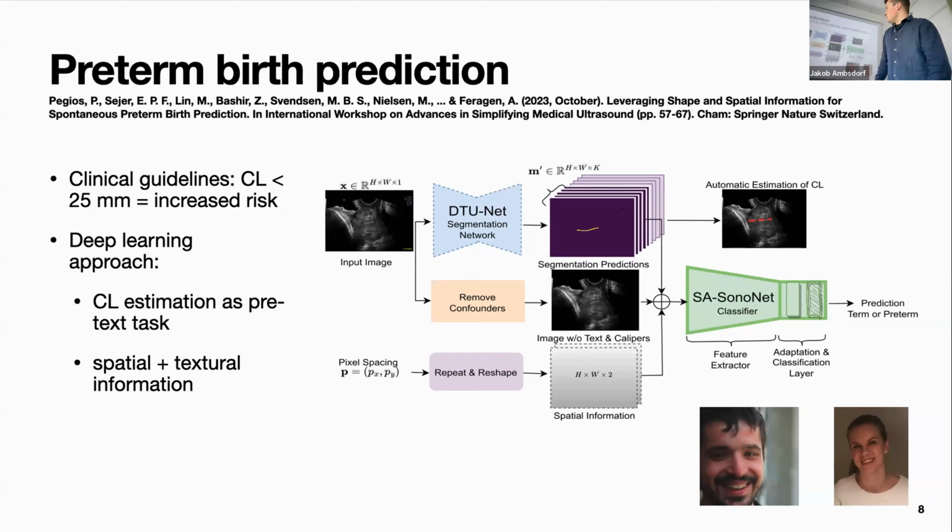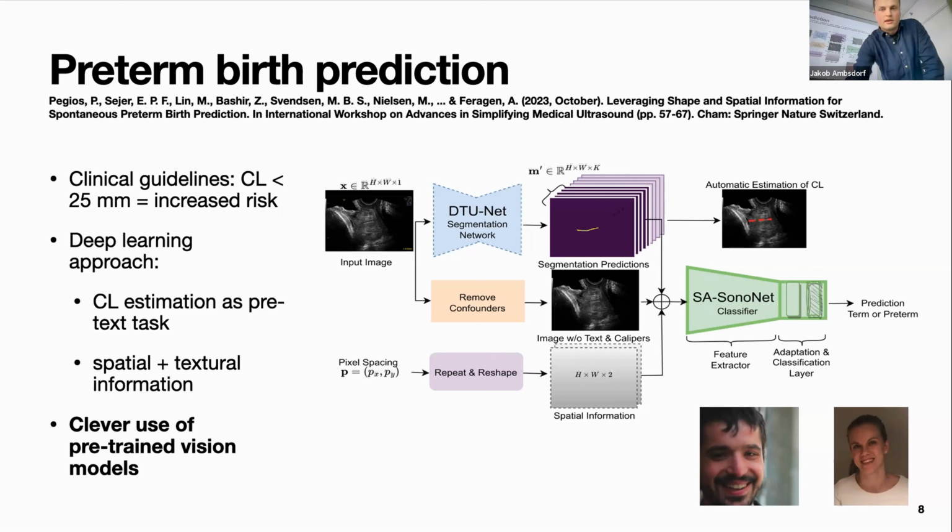And here they used two pre-trained models. So one thing is they used the same segmentation network that I showed before. Then they also used a classifier that was already pre-trained and just extended it with these other modalities. So it's a clever use of these pre-trained vision models.